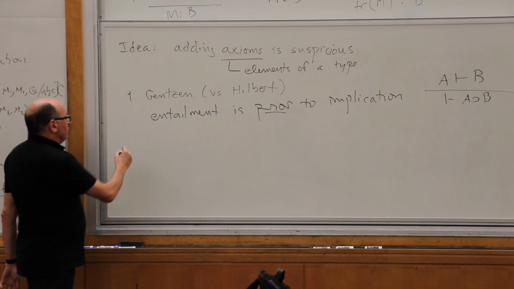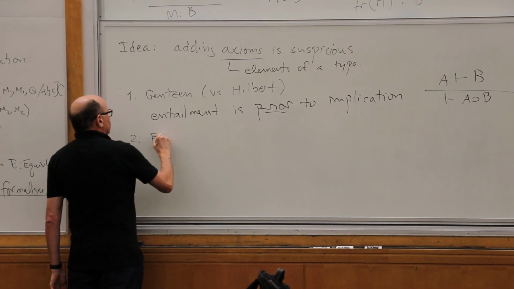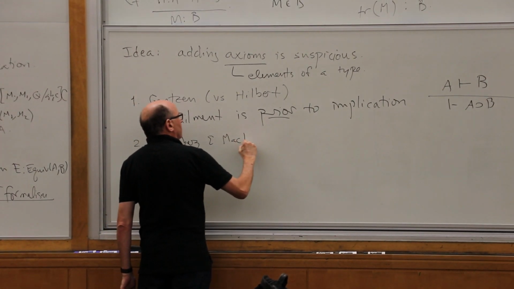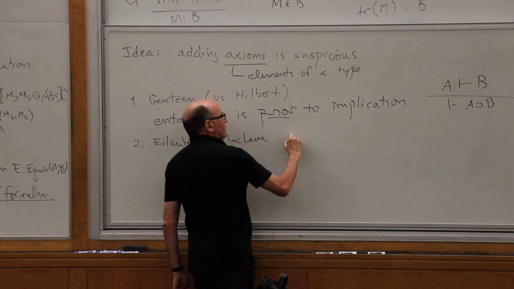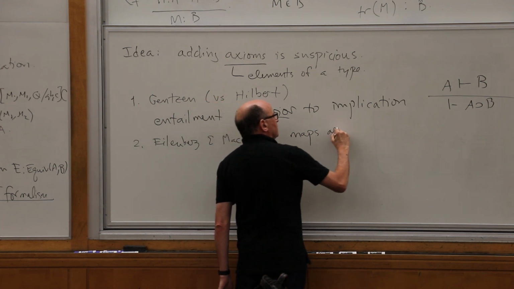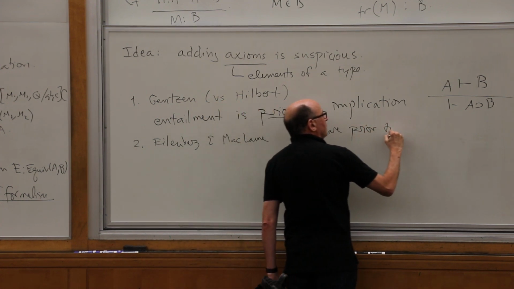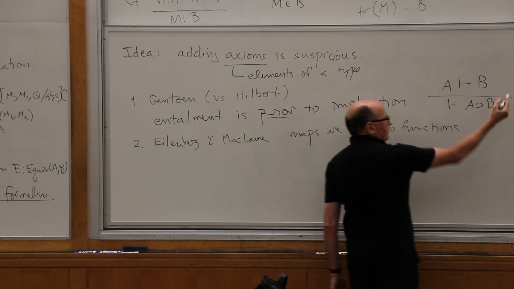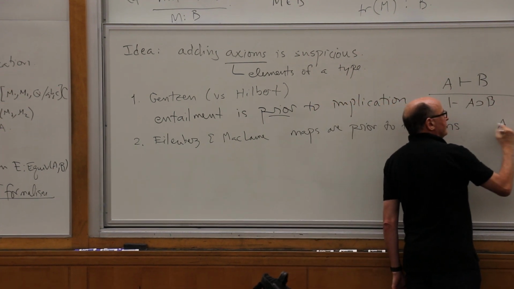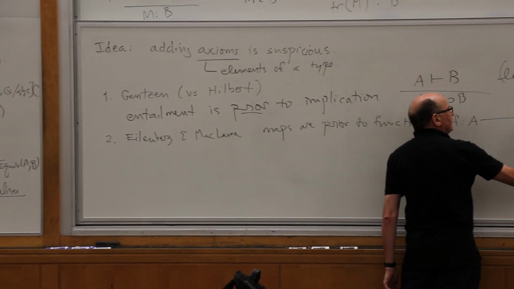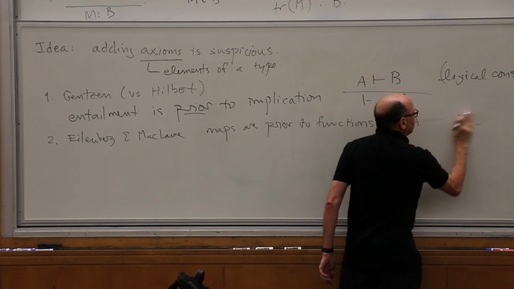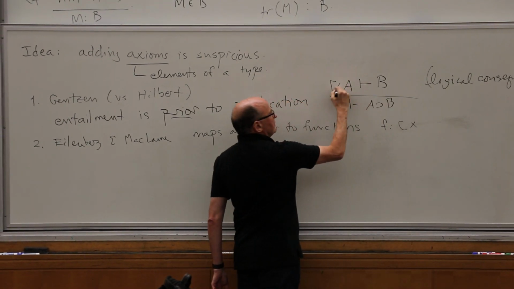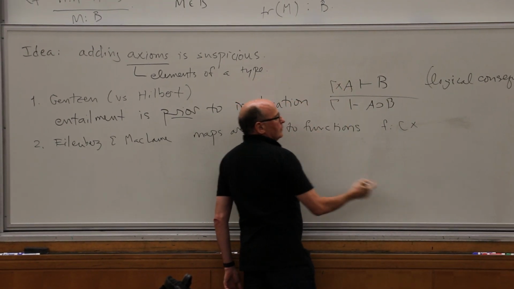Right. A very related thing is Eilenberg and Mac Lane, which is that maps are prior to functions. It can even be made to look like this, but it says, if I have a map from A to B, well, really, let's say C cross A to B is the way it's usually done. That's like putting in all the gammas. So if I put in all the gammas, it would look like this.